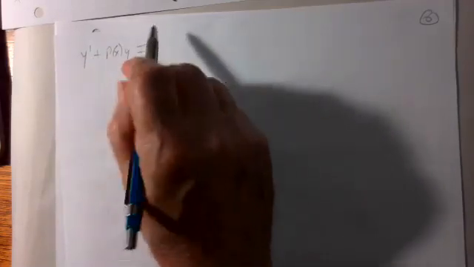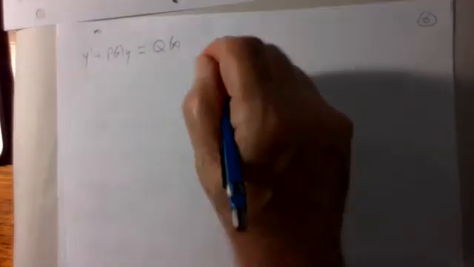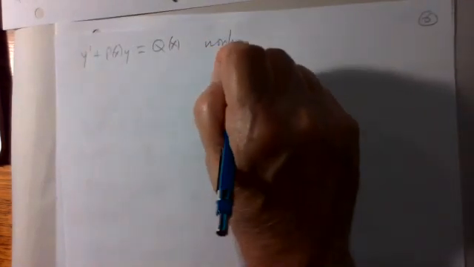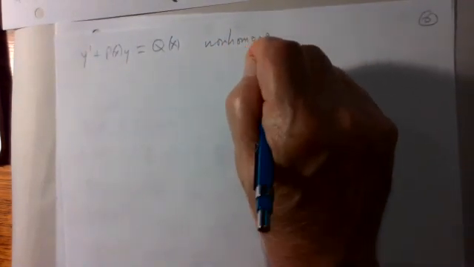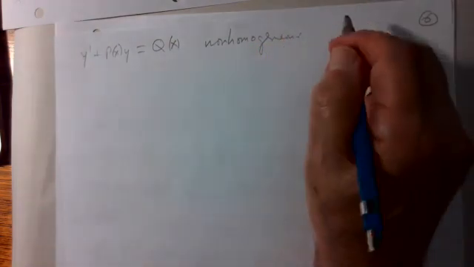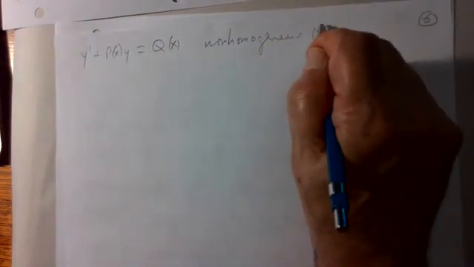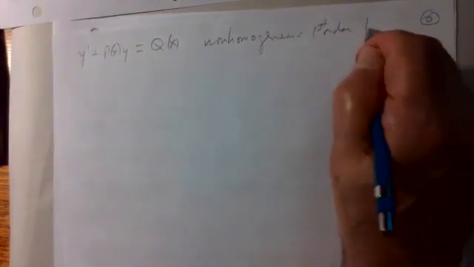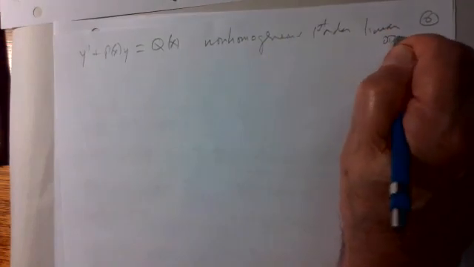So what we had solved completely is the homogeneous first order linear equation, y prime plus p of x y equals 0. But now I want to consider the non-homogeneous or inhomogeneous first order linear ordinary differential equation.